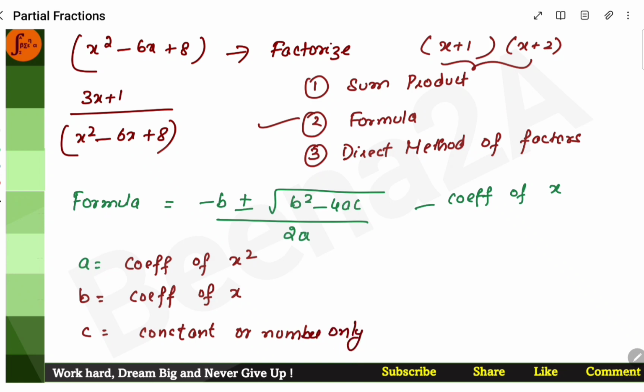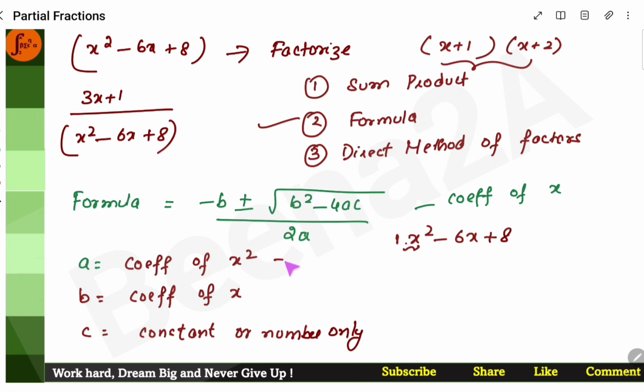Now, if I take this particular equation, x square minus 6x plus 8, what is the coefficient? Number next to x. Now you have x square. You don't have any number here. When you don't have any number, you assume there is 1. So 1 is the coefficient.